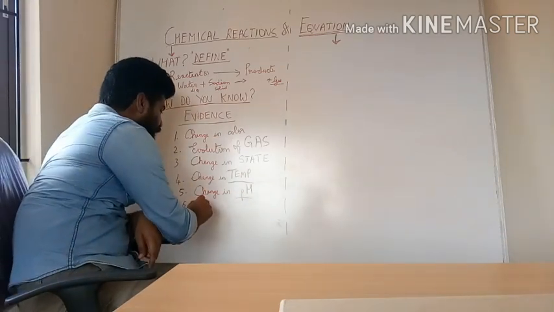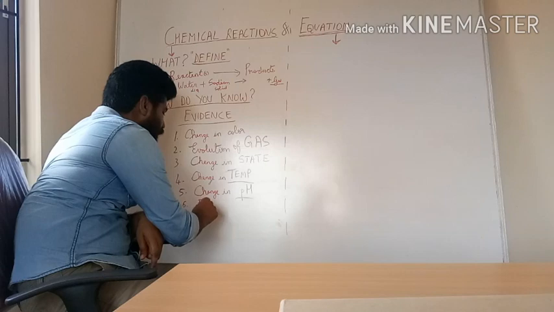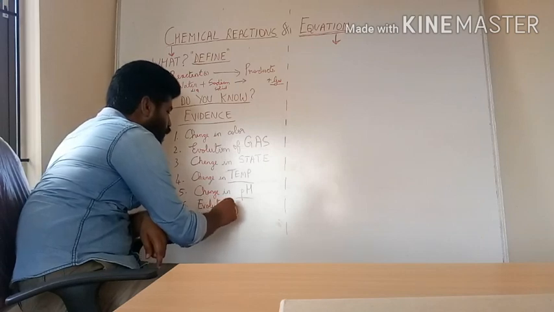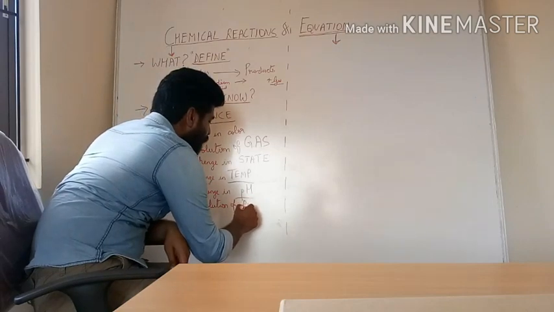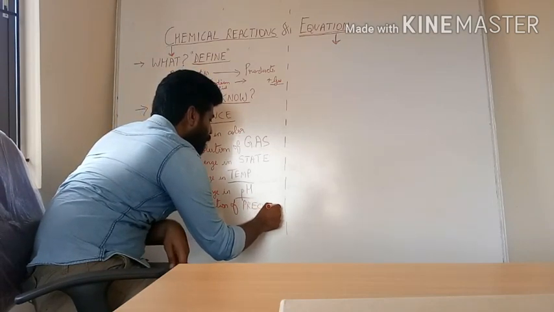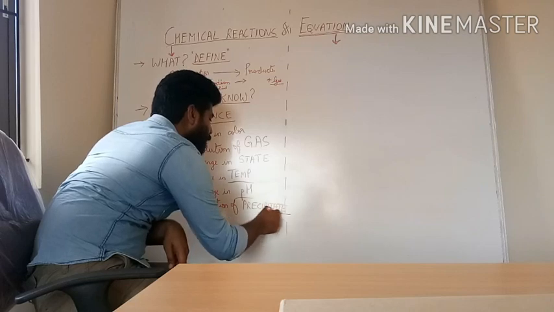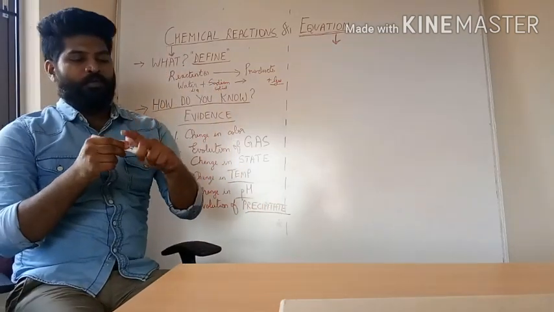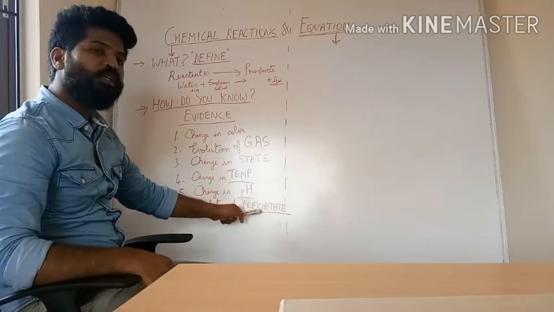And the last one, there could be evolution of what is called as a precipitate. Precipitate. For example, formation of precipitate.